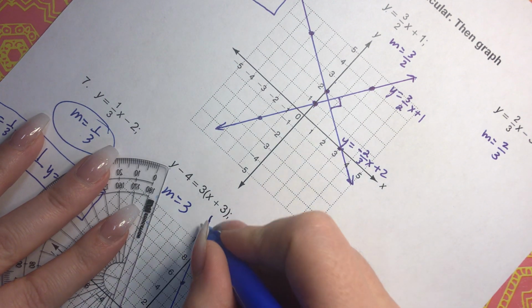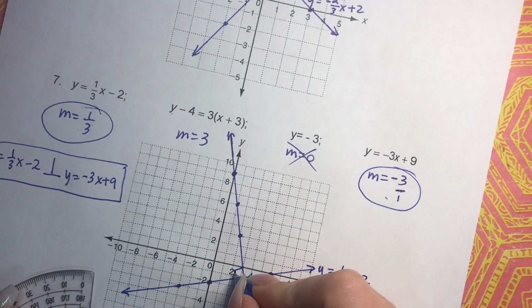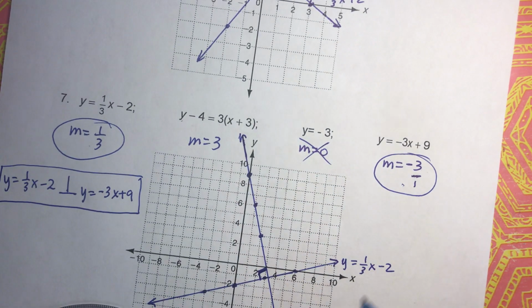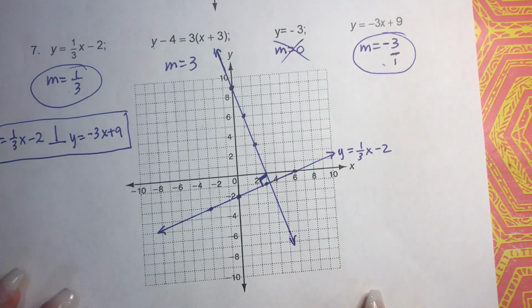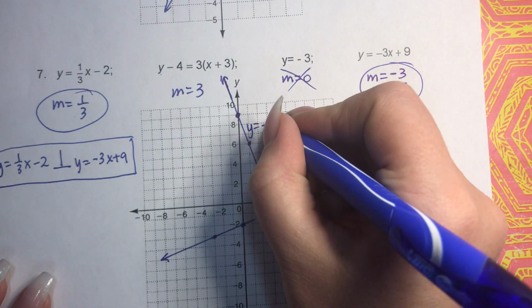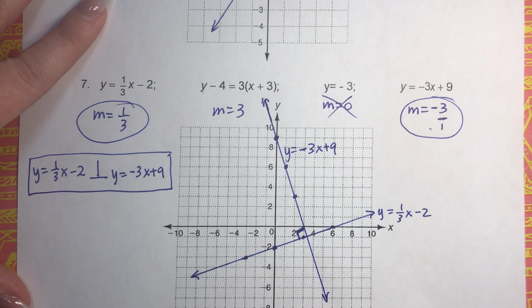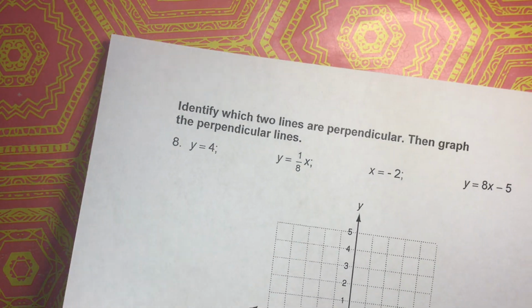Okay, and then just go ahead and make that little perpendicular mark there, and then label this one. This is y equals negative 3x plus 9, and there we have it. All right, perfect. Okay, let's look at the next example.